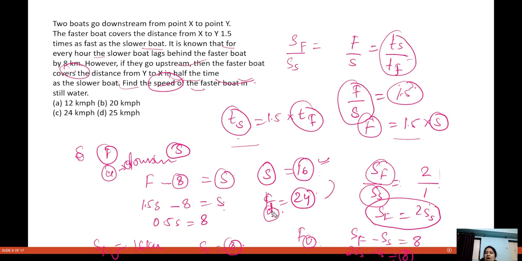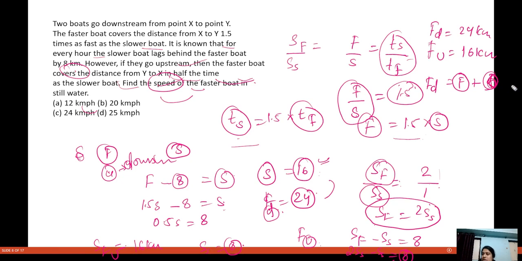Now we got the speed of the faster boat downstream is equal to 24 km and the speed of the faster boat upstream is equal to 16 km. What is missing here? The speed of the boat in still water is missing. Downstream it is the speed of the boat plus the speed of the stream.